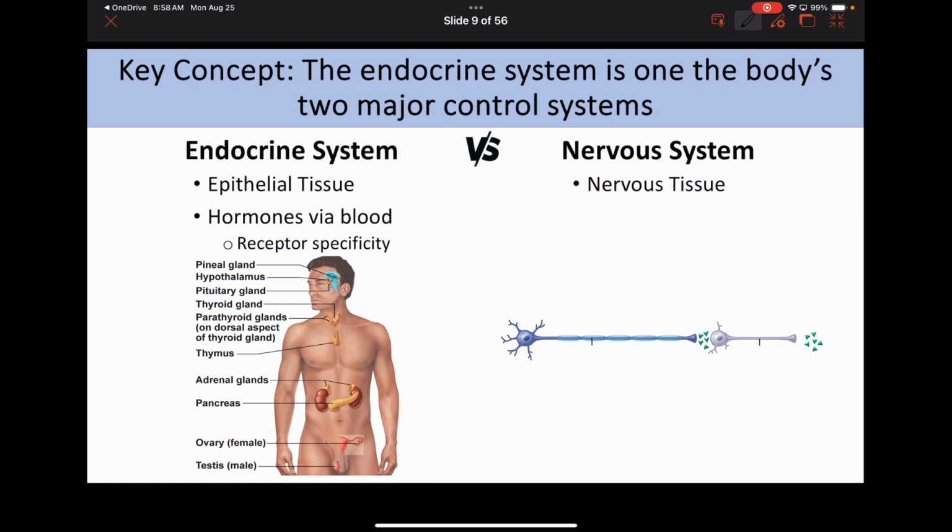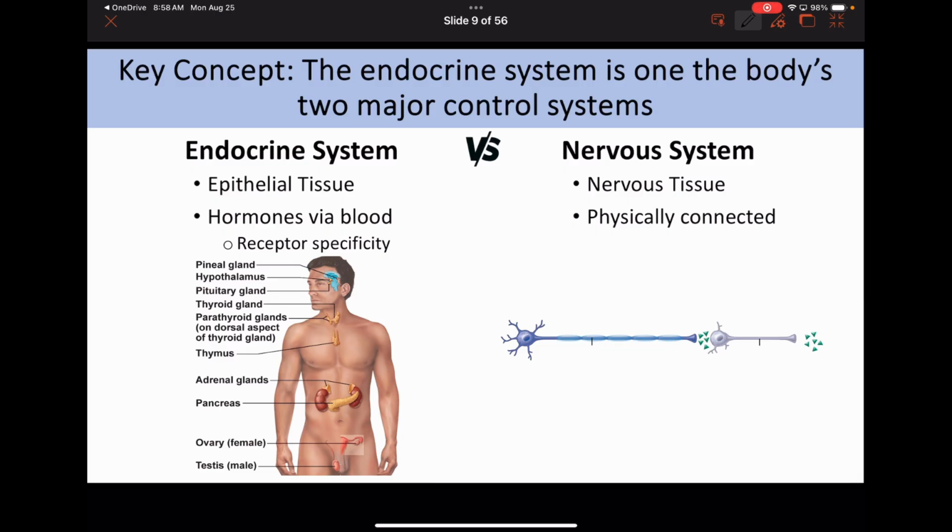How do cells communicate with these two different systems? In our endocrine system, how the organs communicate with each other and with the rest of the body is that hormones are created and sent out, the blood circulates, and those hormones go and find their target organ or target cell. So it's a lot longer process than what we're used to with the nervous system.